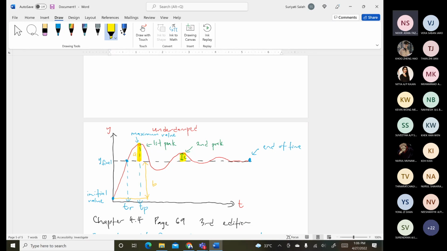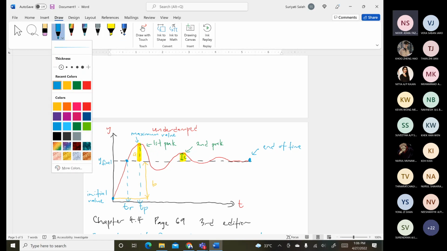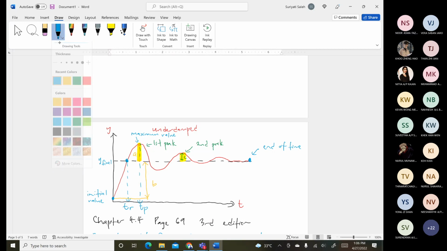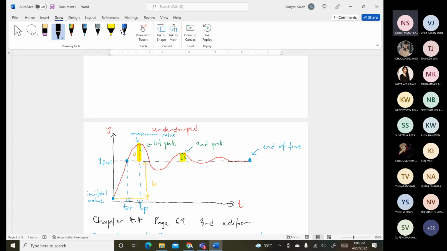And lastly, since we have oscillation, the definition of oscillation means the complete cycle of the response. Let's say you have a starting point here. This is your starting point. It will go to this one until it reaches the final value point.